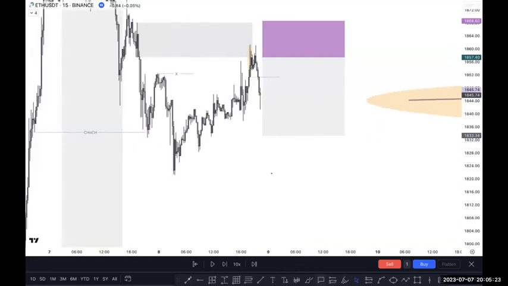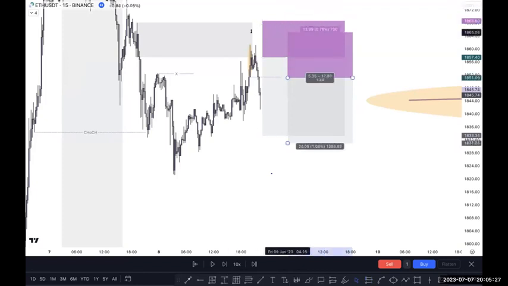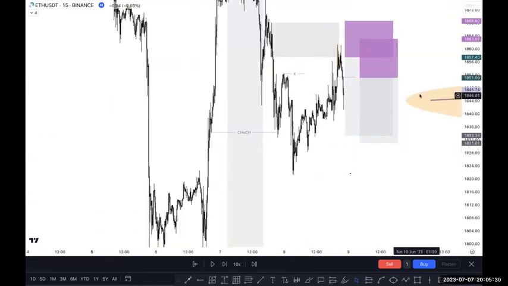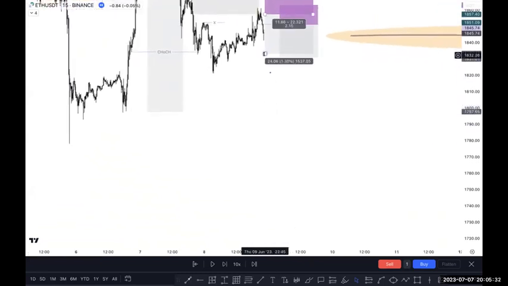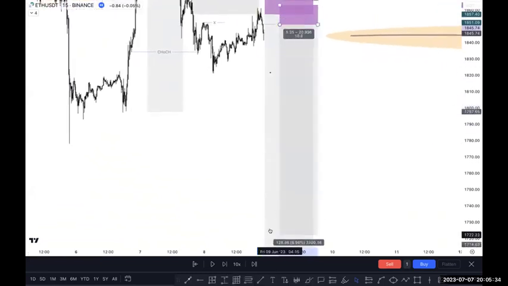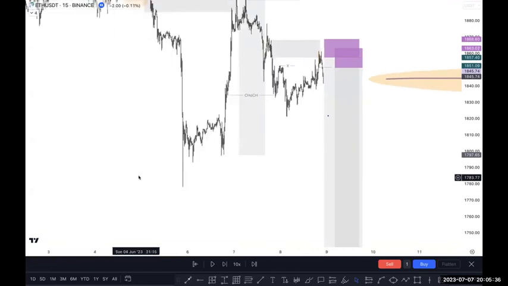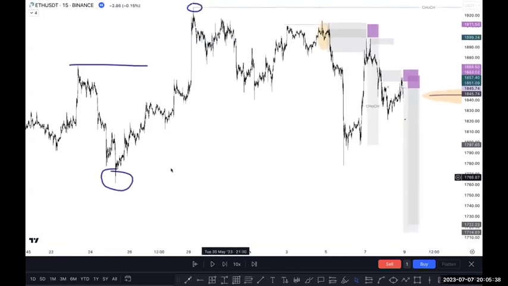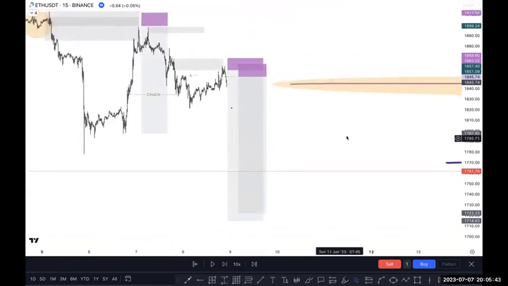Okay. So this one is our next possible entry here, and put the stop loss just over it. And where is the target? The main low as a target. This one, I think. No, this one. This one as a target.